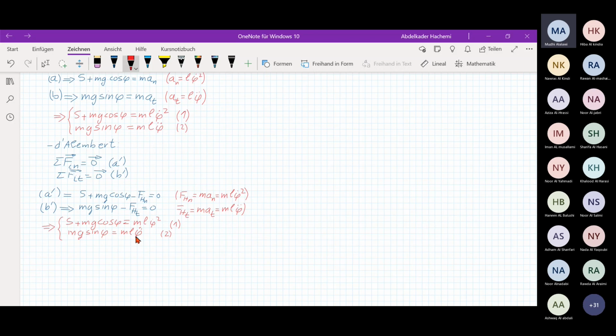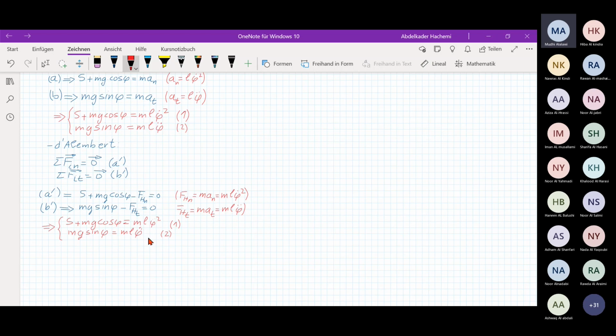Okay, now coming to this case, as I said, there are three unknowns, which are the rod force S, the angular velocity, and the angular acceleration. There are three unknowns, and we have only two equations.